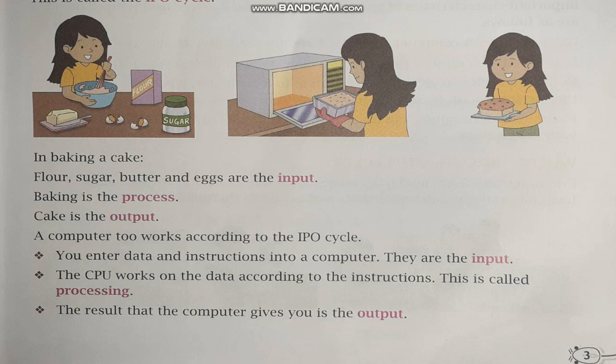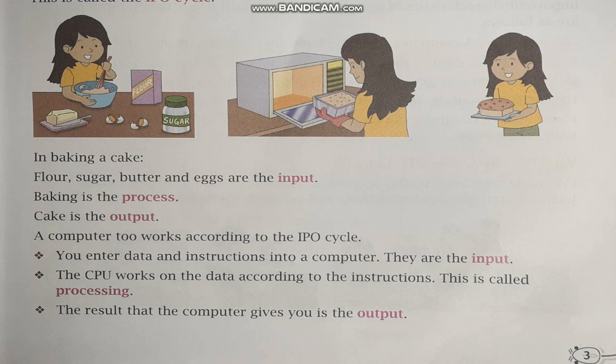In baking a cake, flour, sugar, butter and eggs are the input. Baking is the process and the cake is the output. Same, if we want to sharpen our pencil, then the sharpener and pencil are the input. Sharpening is the process and the sharp pencil is our output.